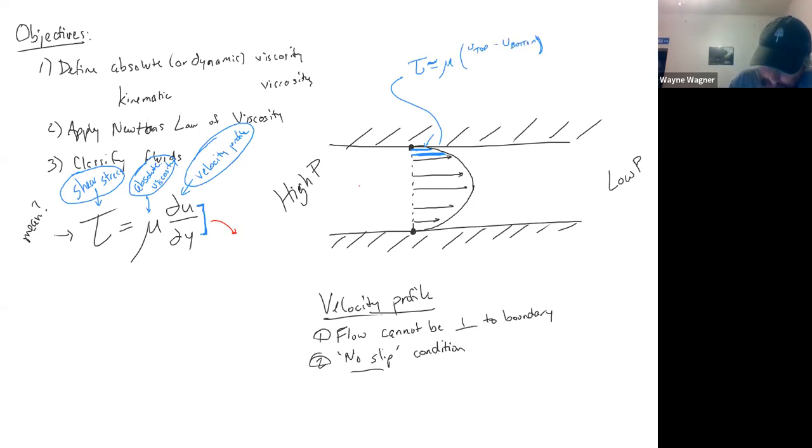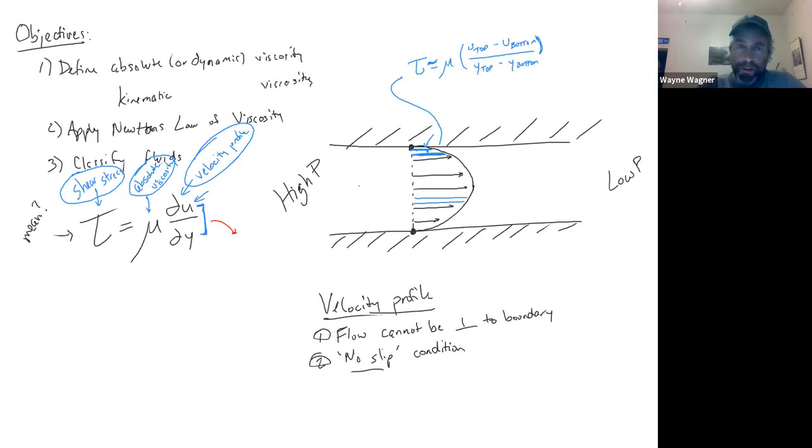That's my du, and my dy is just the distance between those two layers, the y at the top minus the y at the bottom. And that goes for any layers in this whole thing. I could compare the stress between any two layers, et cetera. So then the question becomes, where is the stress the highest?